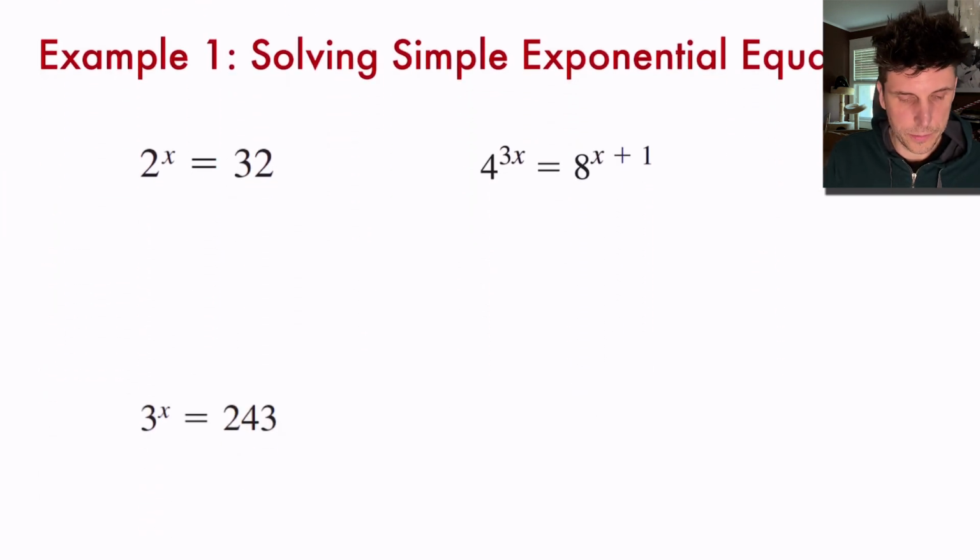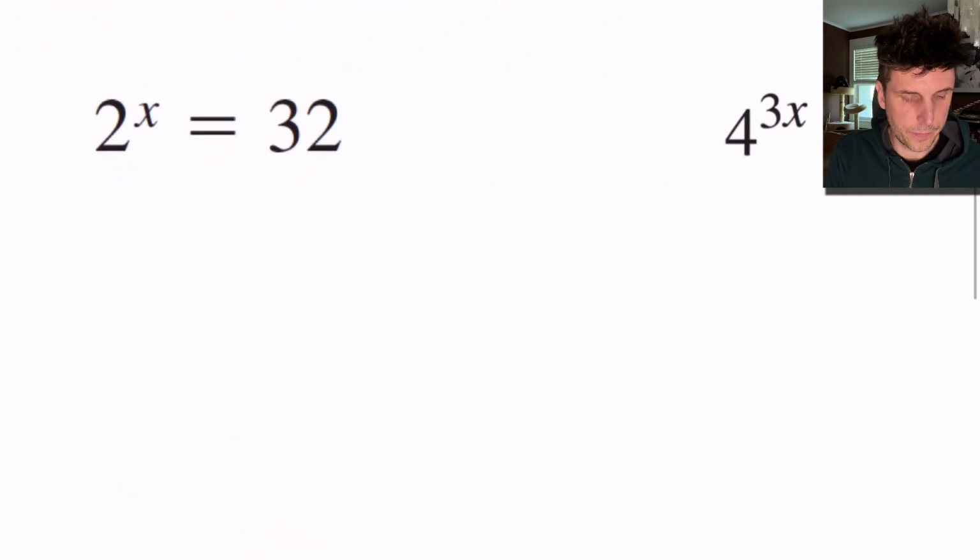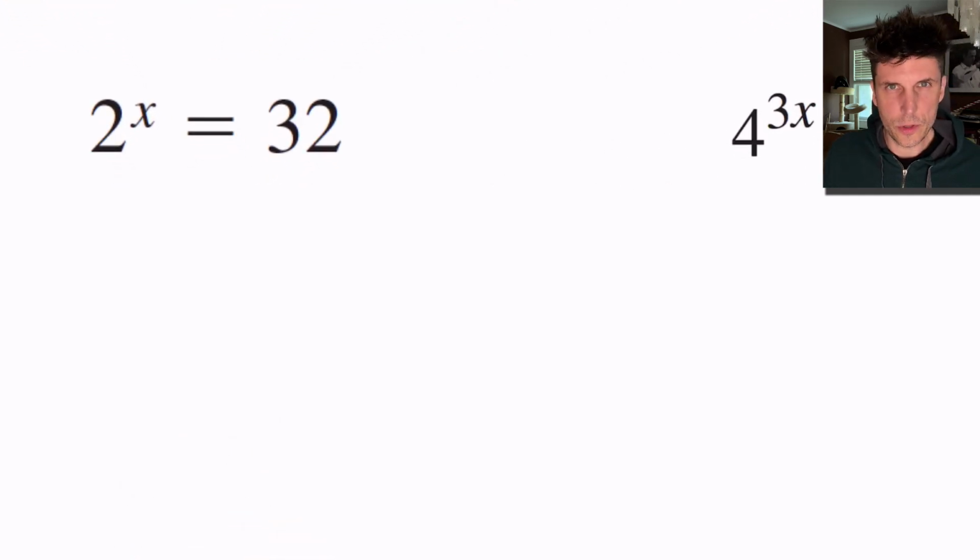So first set of problems: solving simple exponential equations. Look at this first one right here: 2 to the x equals 32. So they're saying 2 to what power is equal to 32? Some of you already know the answer to this. You get just 2 times 2 times 2 times 2.